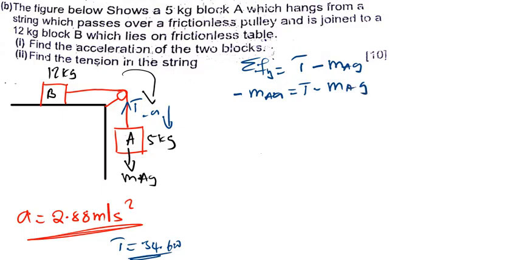Okay, so shift this to the other side, and then it will be negative ma plus, like that, being equal to the tension force. So if you want, you can say that T is equal to mag minus ma.